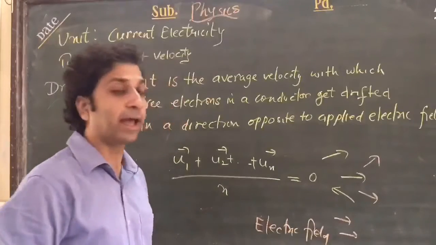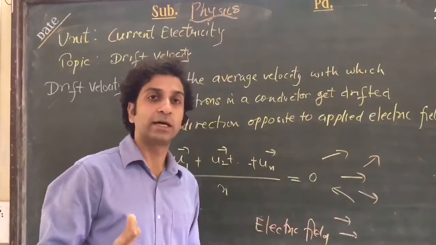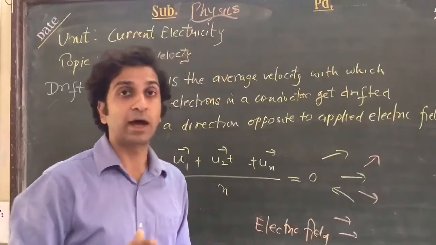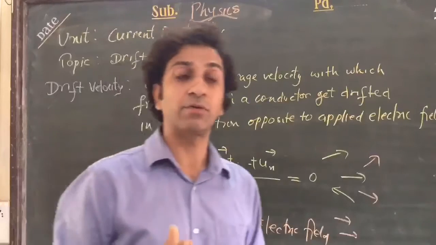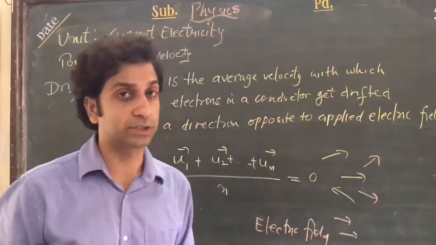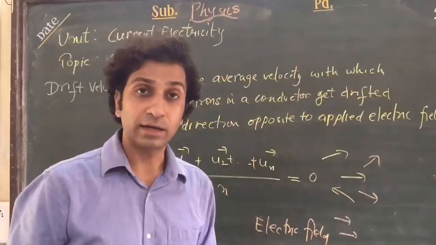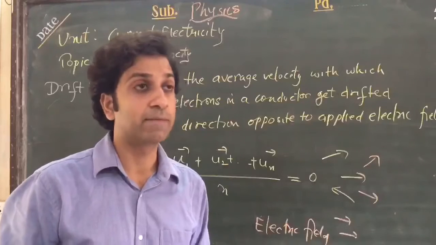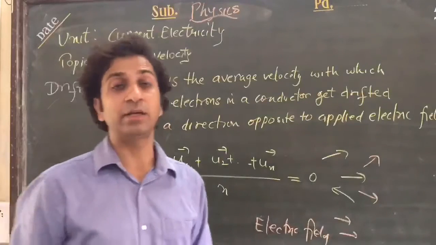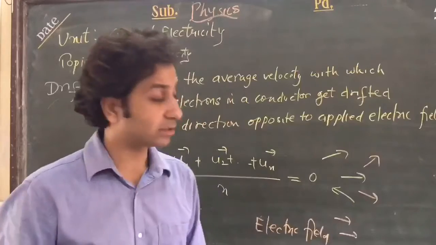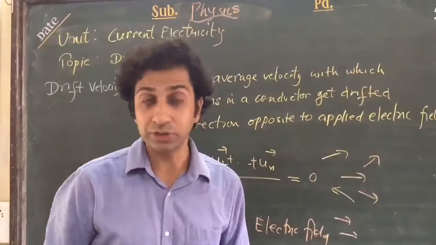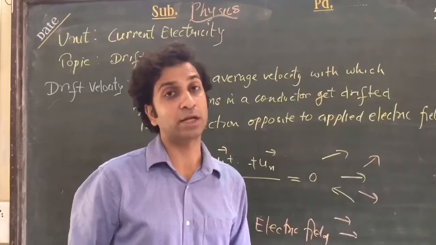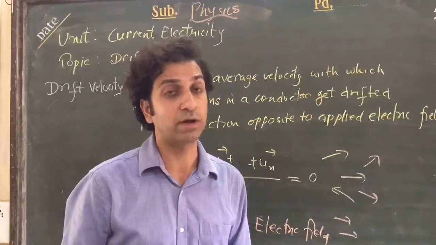The electrons get accelerated under the applied field, and each electron gains some velocity, but only for a very short duration of time, because there are a huge number of free electrons and as soon as the electric field is applied, the collision rate also increases. So this additional velocity lasts for a very short interval of time.